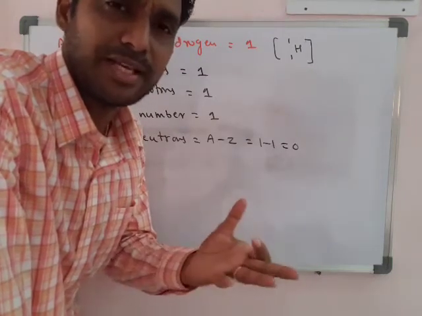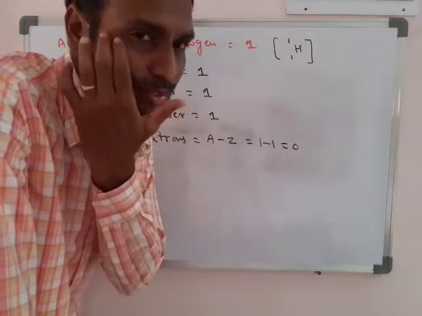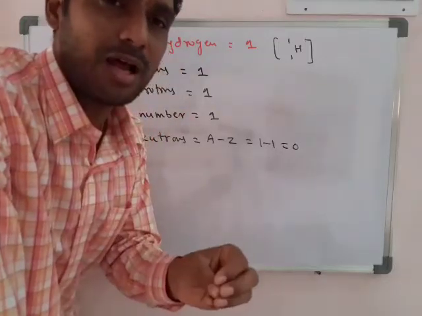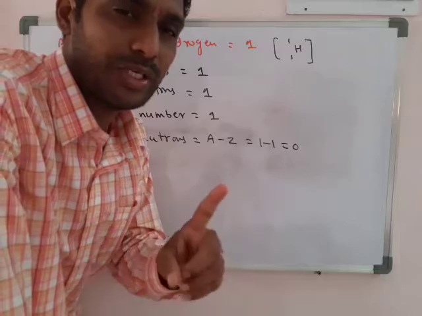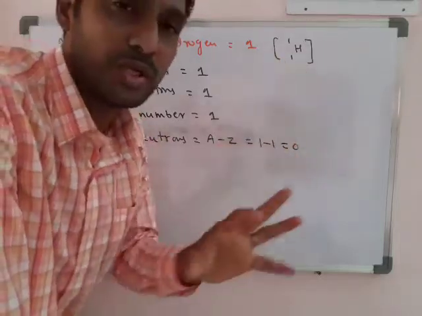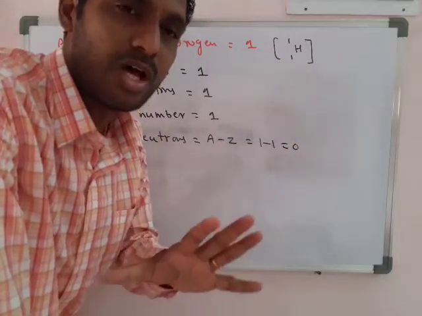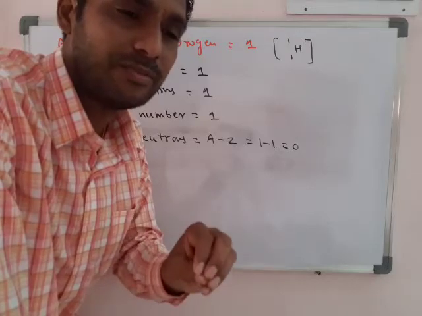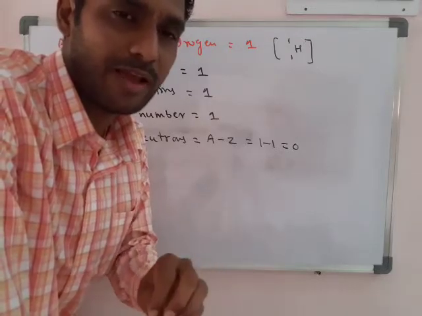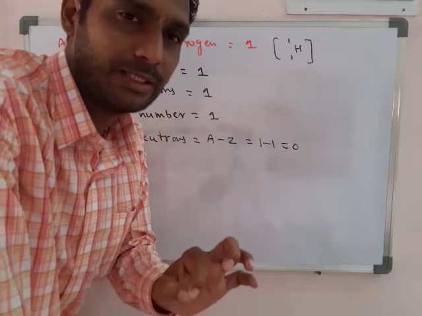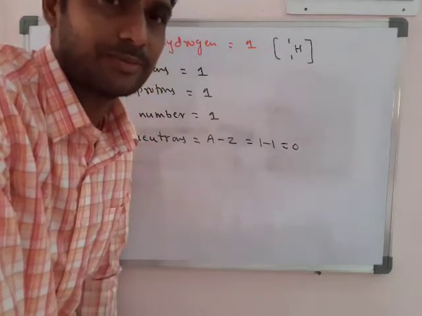Maybe there is a difference in number, but all elements have these particles. Only the H11, called normal hydrogen, does not have neutrons. Even without that fundamental particle, it is a stable one.